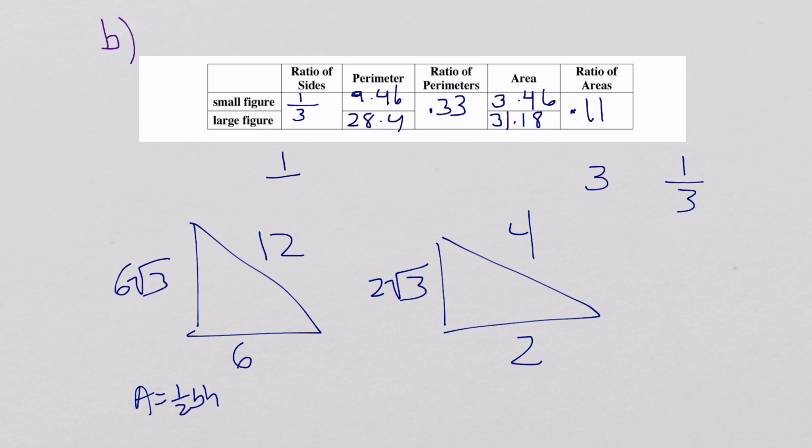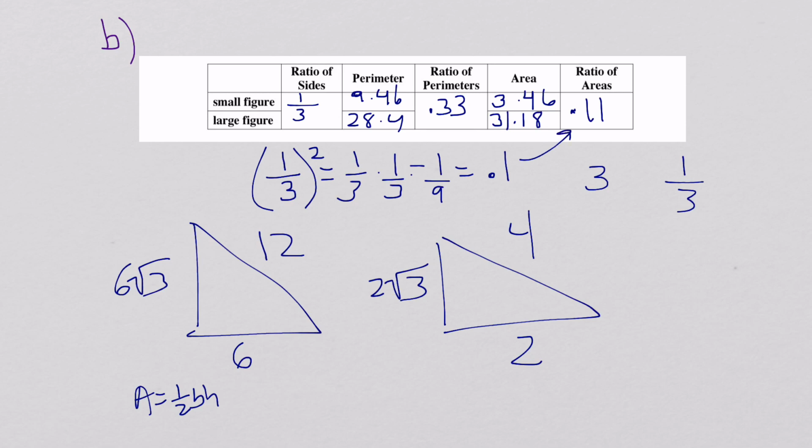What is 1/3 squared? It's 1/3 times 1/3, which is 1/9. And 1 divided by 9 is about 0.1, which is about this.